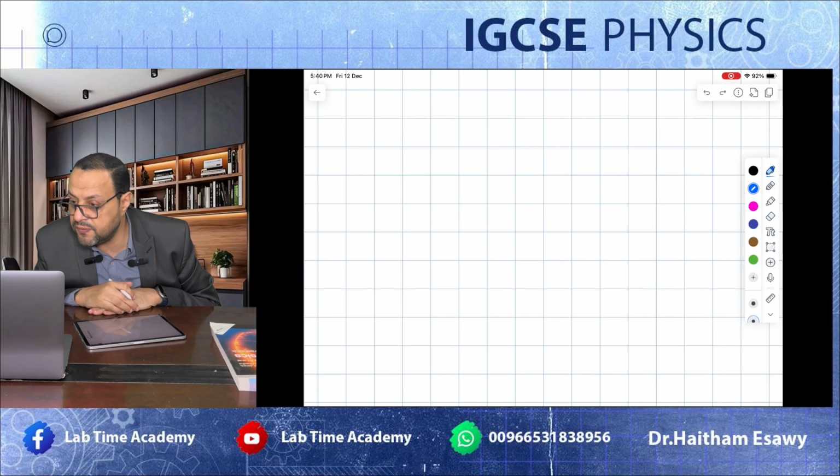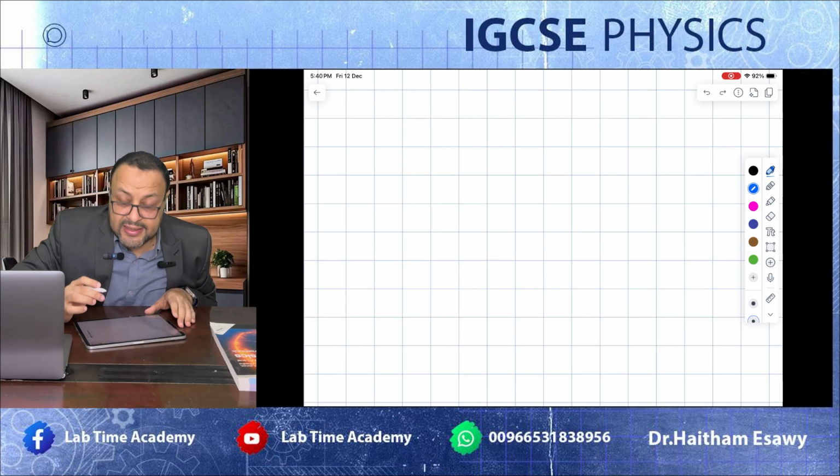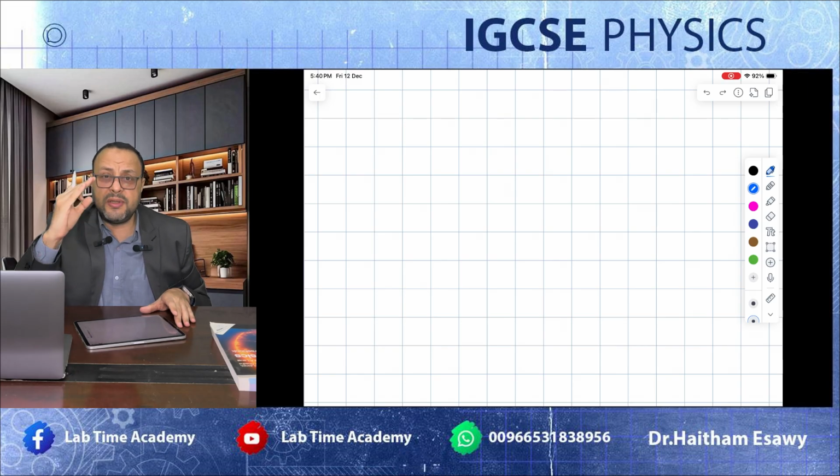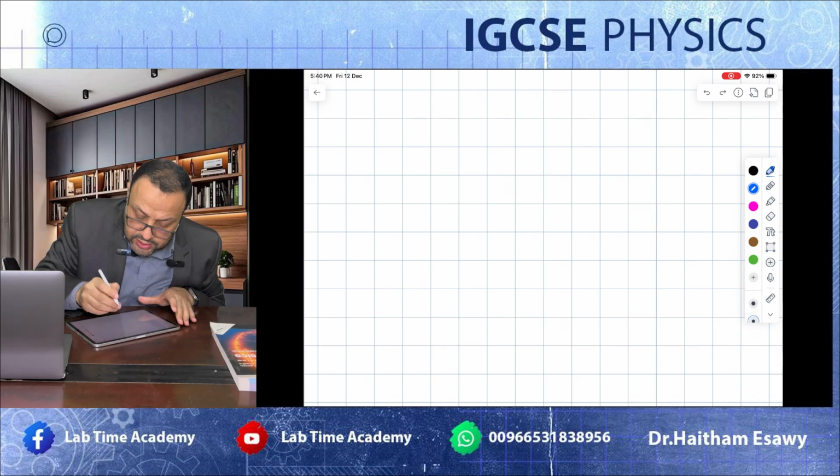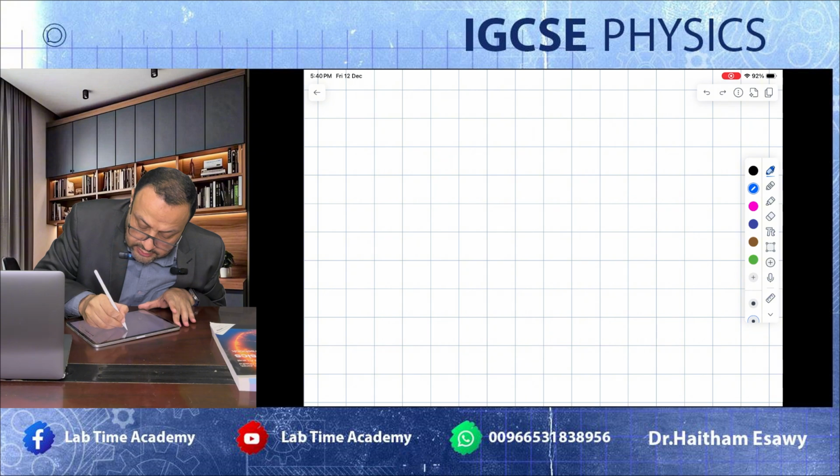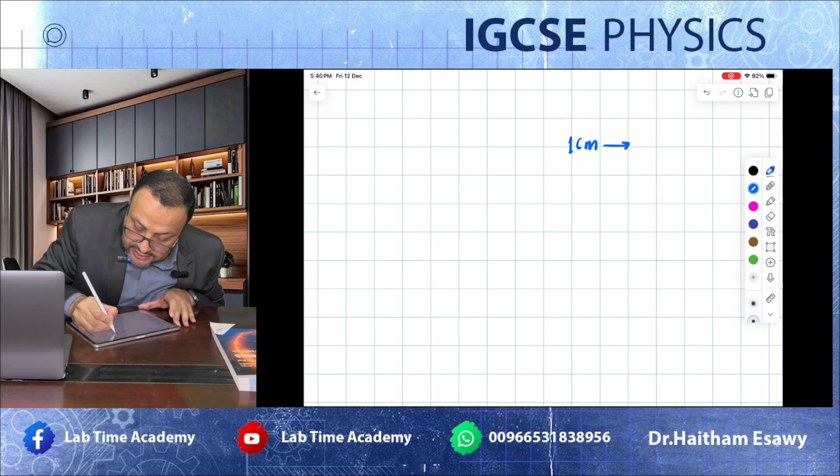So this is the direction for the boat. So let's start to solve it by graphing. Actually, I'll use a suitable scale. I'll use 1 centimeter to represent 0.5 meter per second.